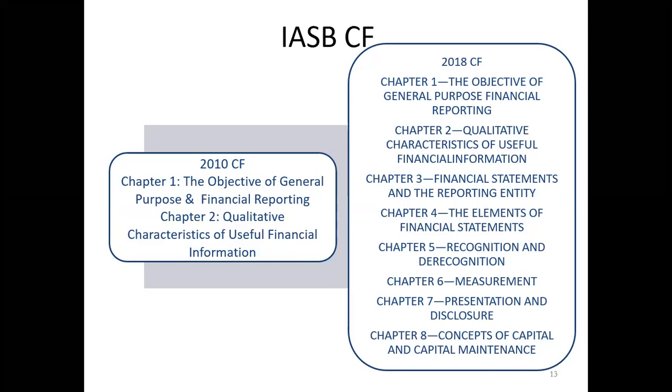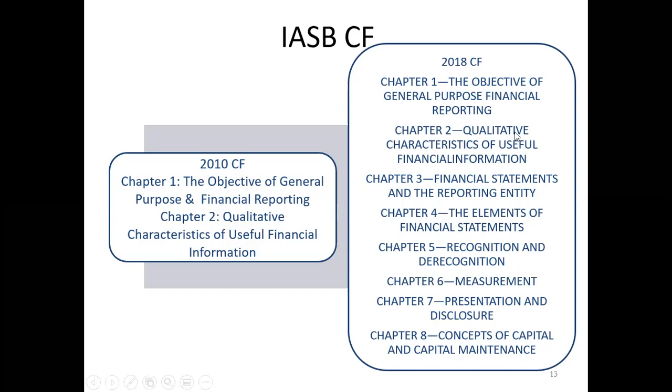In the 2010 conceptual framework, you could see that the objective and the qualitative characteristics were updated, but in 2018, even the rest of the things were updated. So now we have a fully fledged conceptual framework, the very latest, which is different from what we had in 1989 and 2010.